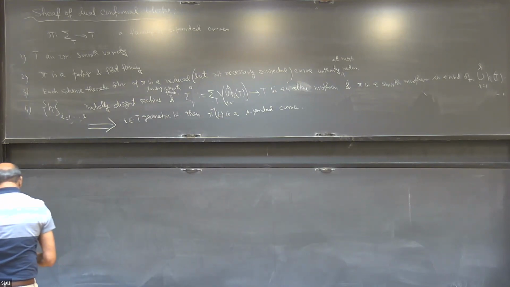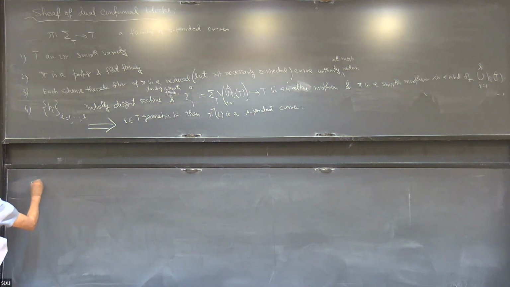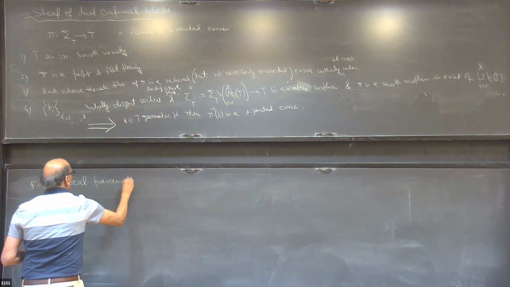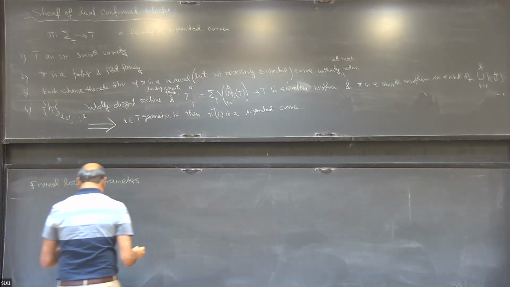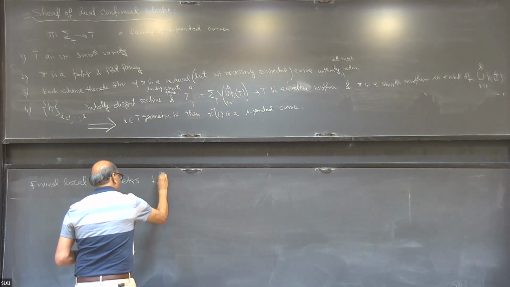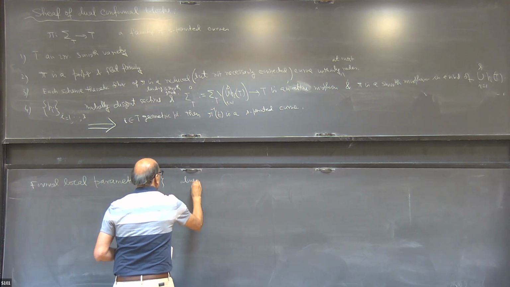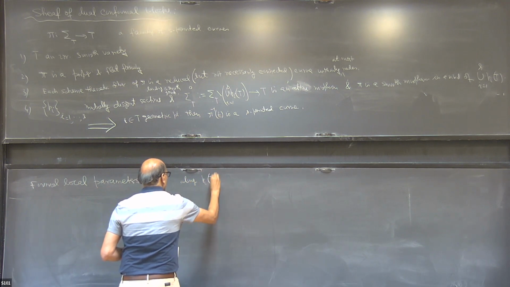Okay, so we choose formal local parameters. I will say Ti along Ti.